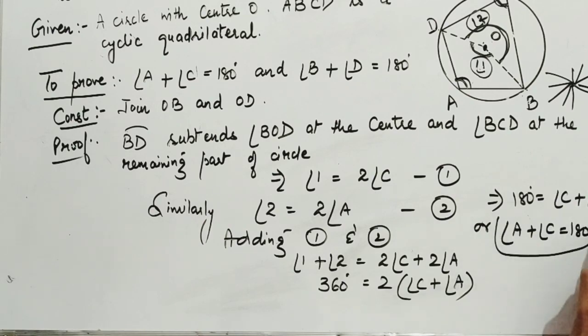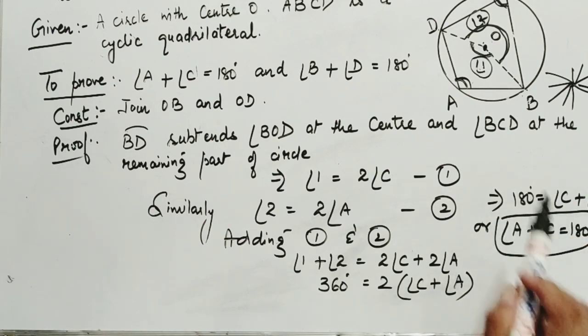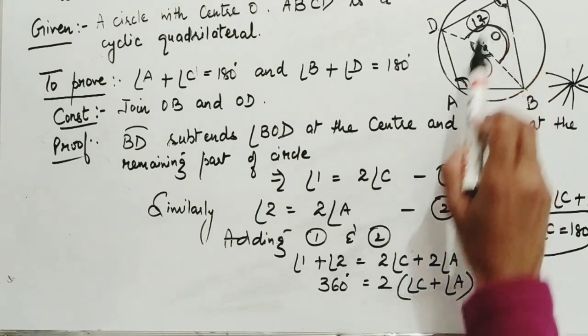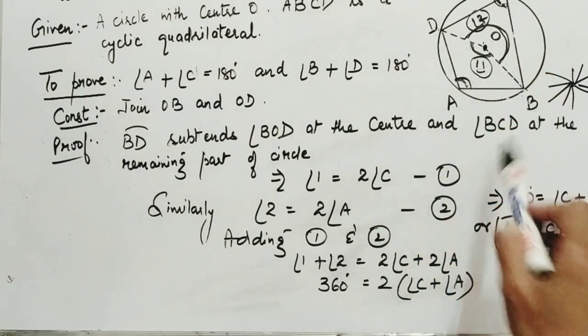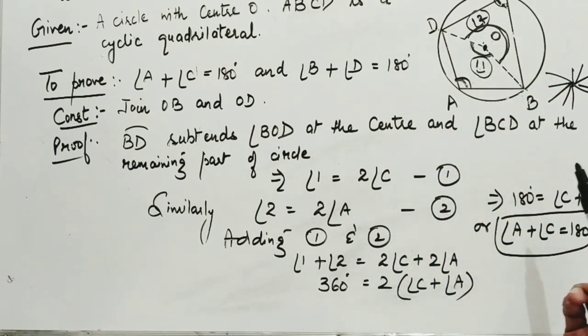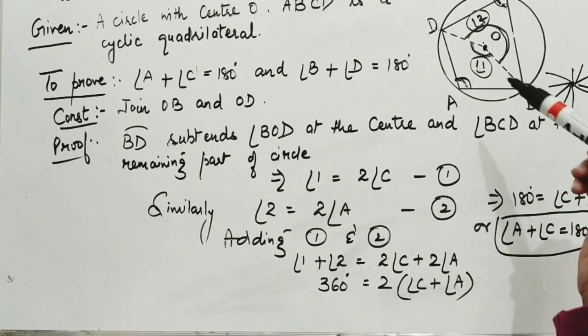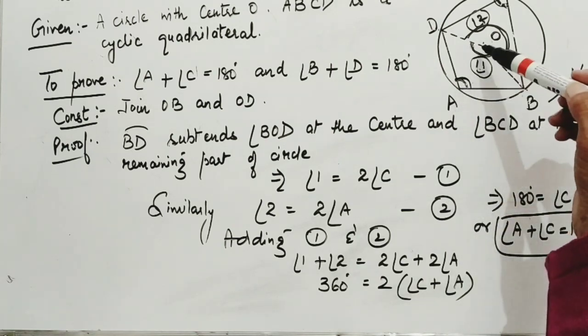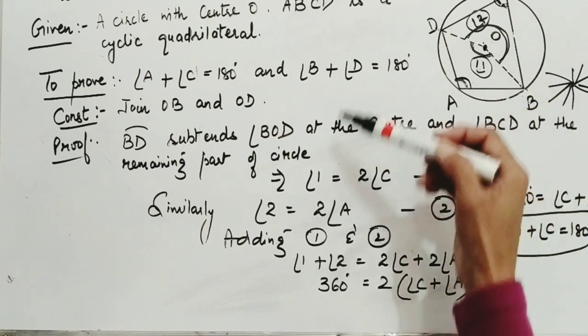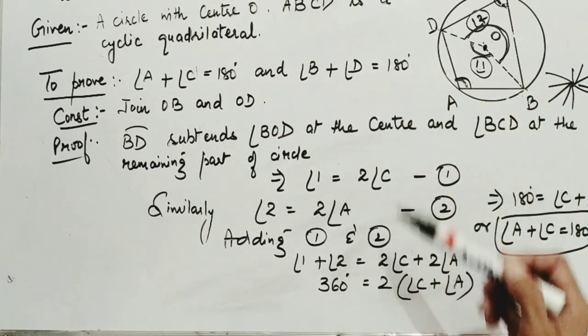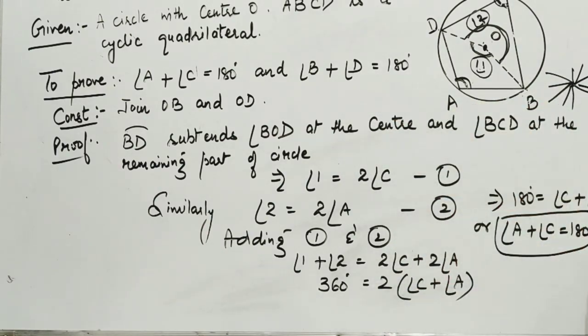So we have proved one result where one pair of opposite angles of a cyclic quadrilateral is 180. Similarly, for the second case, you can connect AO and CO and move in the same form, same order, same steps, and you would be able to get the remaining result.